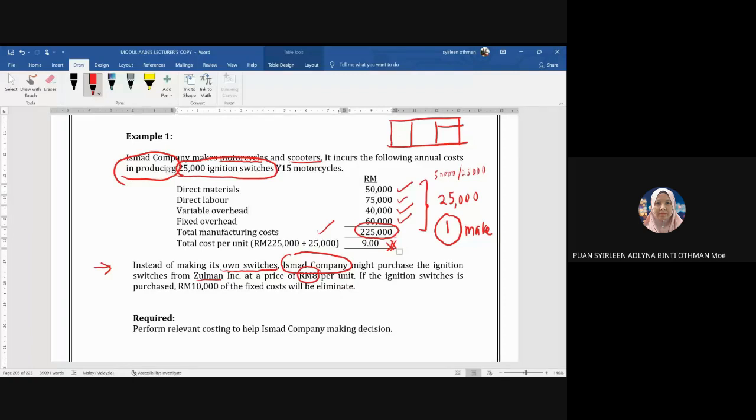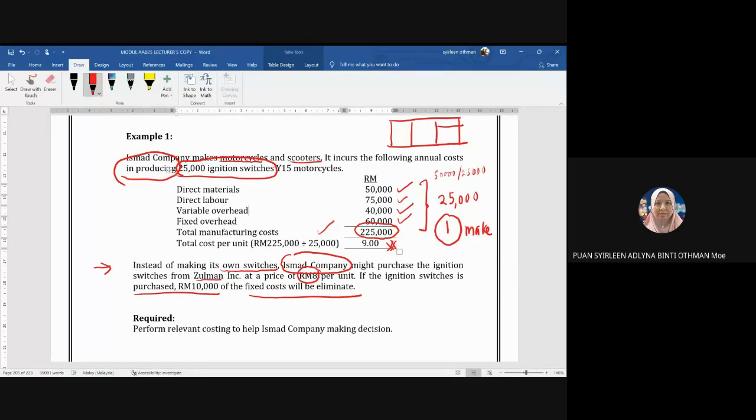You tak boleh terus decide macam tu. Ada a few things that you still need to consider. Okay, if the ignition switches is purchased, kalau kita beli, RM10,000 fixed cost kita akan berkurang. Okay, alright.